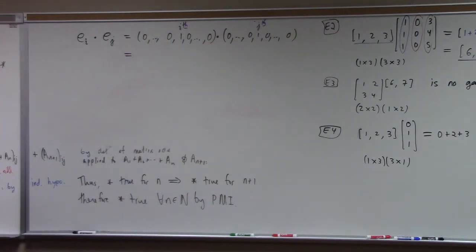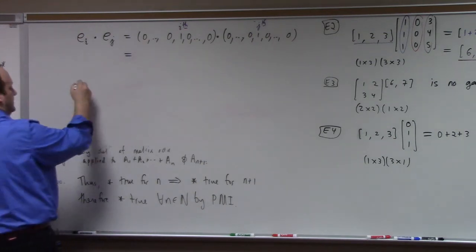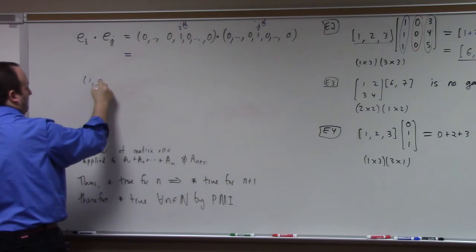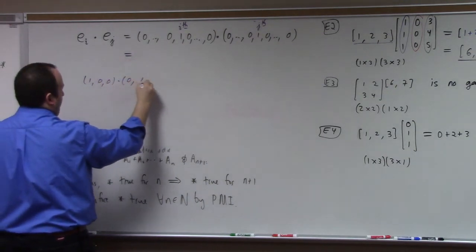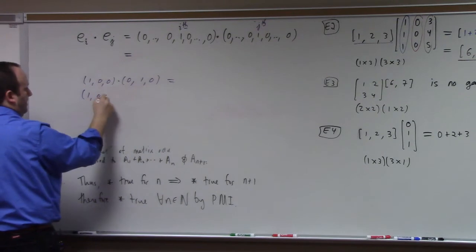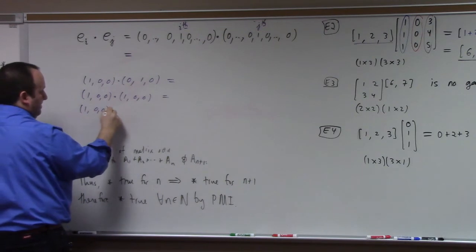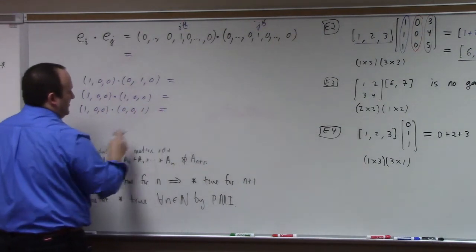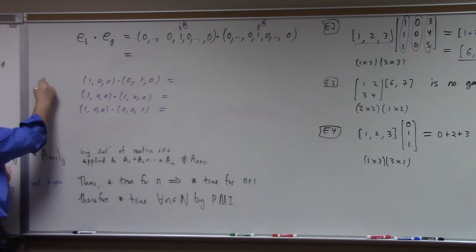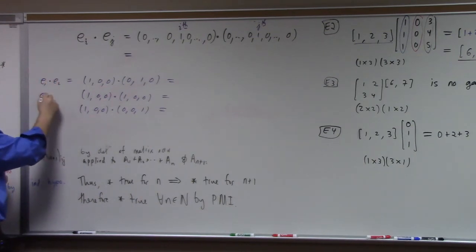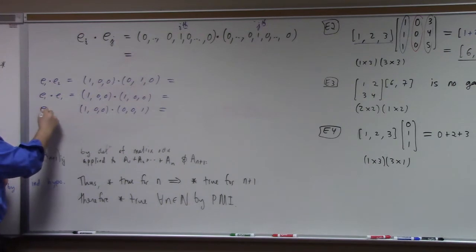It's 1. Well, it looks like that, but it's not necessarily. It depends on what i and j are, right? If i and j are both 1, it's 1. If i is 1 and j is 2, it's 0. Here's e1 dot e2 in 3 dimensions, e1 dot e1, e1 dot e3.